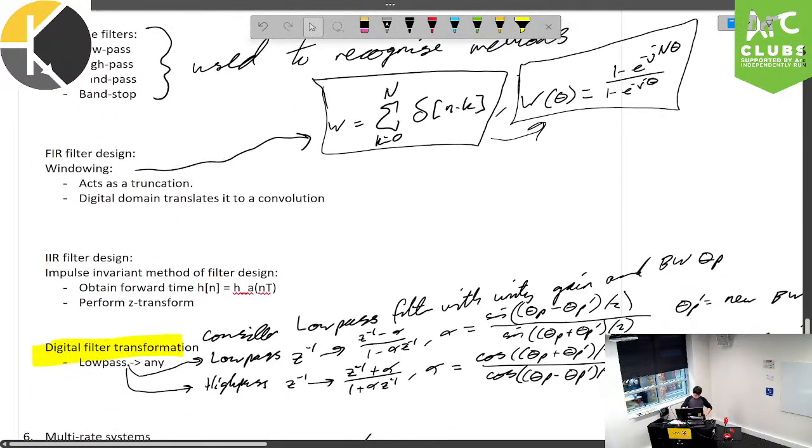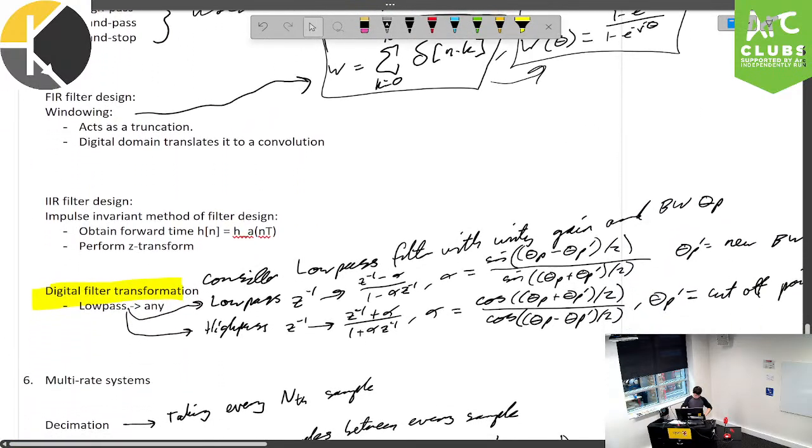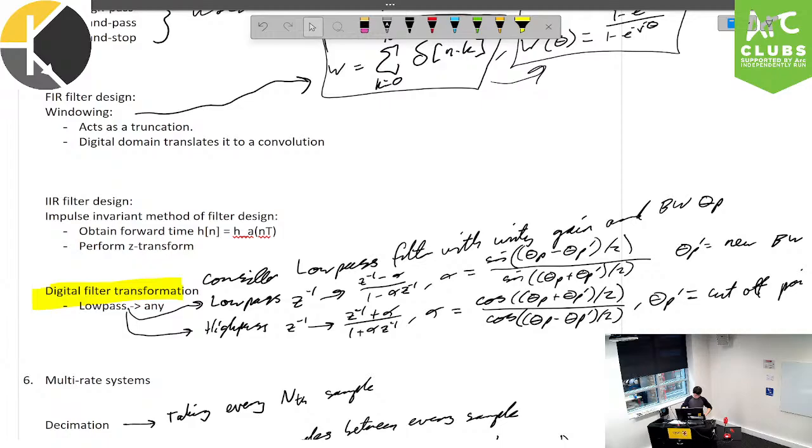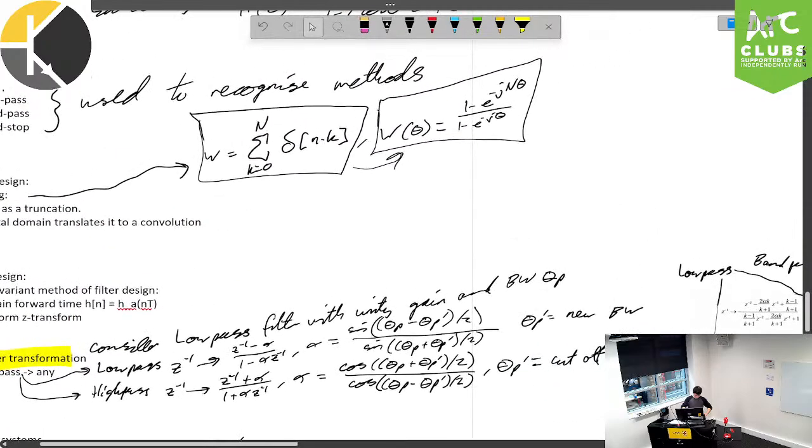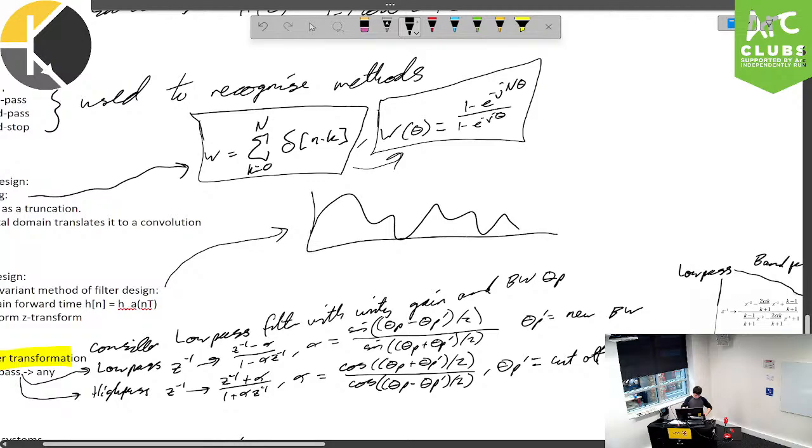Anyways, enough of that. We're going to just keep on moving to the more interesting IIR filter design given by the impulse invariant method. Okay, so the impulse invariant method, it is a little bit intuitive. It goes ahead and says, okay, if I have some manner of response right here as my signal, I will just sample that and then perform a Z transform on it.